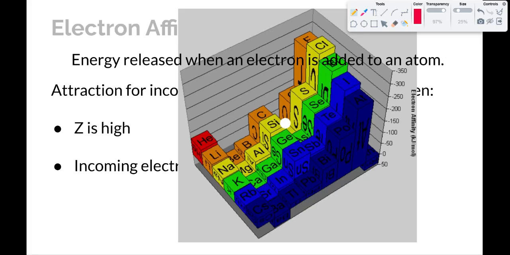So elements on the right-hand side tend to attract electrons to themselves and become negatively charged ions much more readily than things on the left-hand side of the periodic table. We've already seen that elements on the left-hand side are much more likely to lose electrons to become positively charged ions. So there's a pattern.